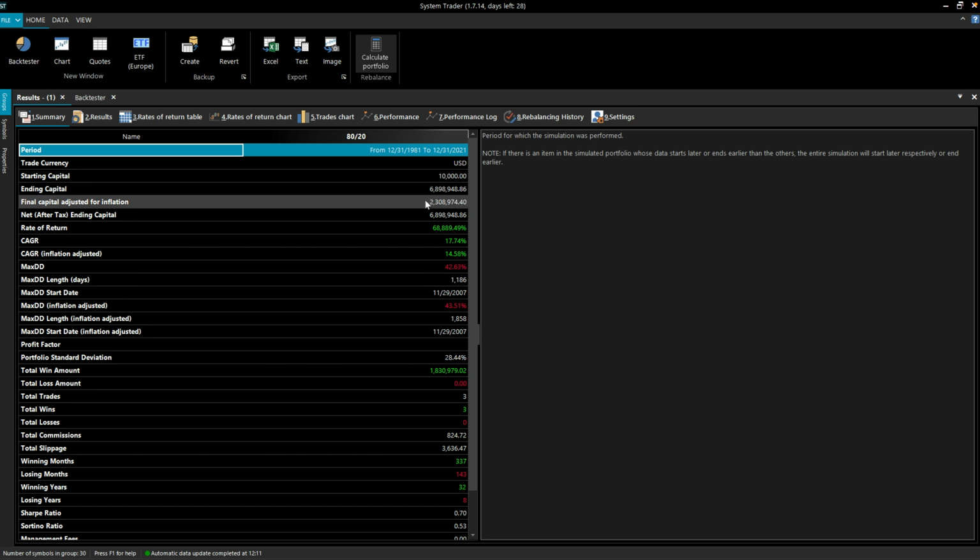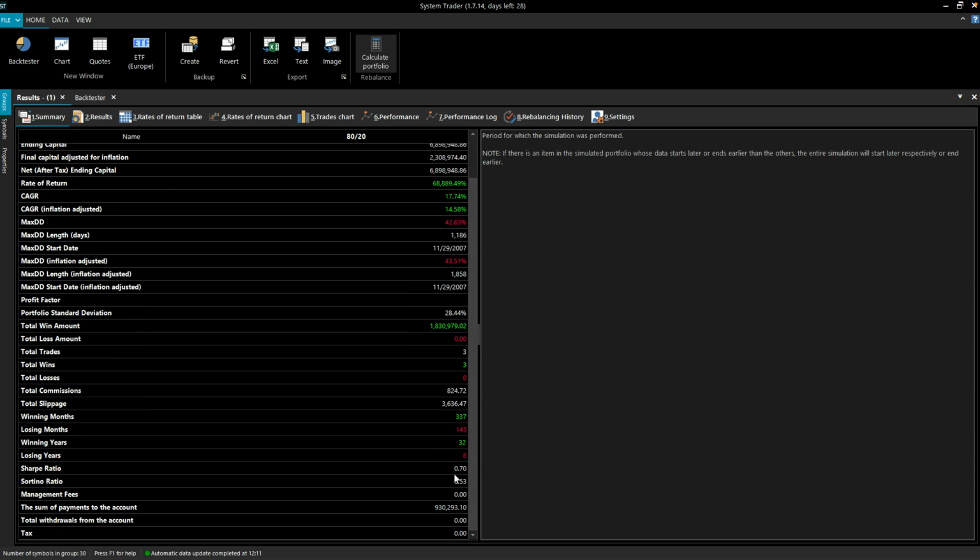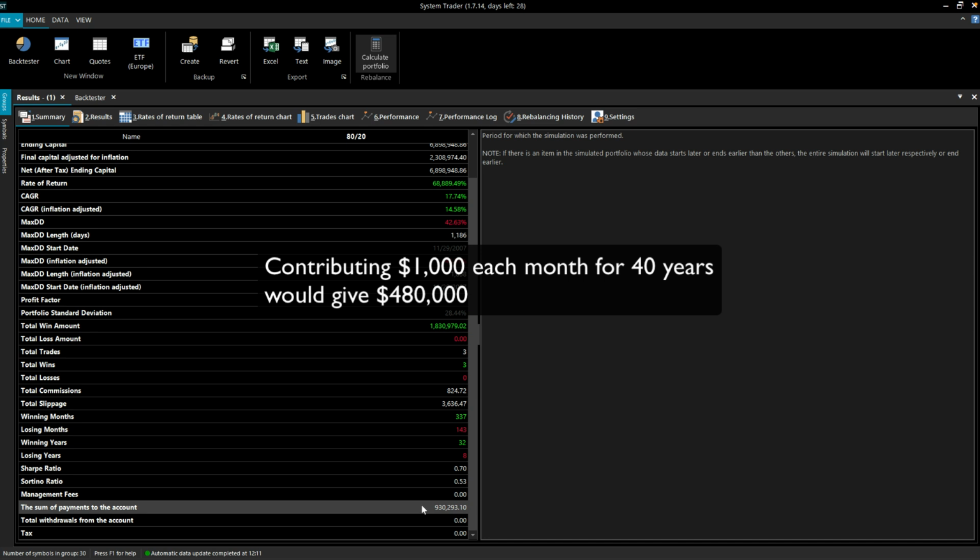Therefore, what we have after 40 years in terms of purchasing power is $2.3 million. Also, what you can see here is that the sum of payments to the account, the contributions, is almost $1 million. And it can be pretty strange because we were contributing only $1,000. Although we were doing it for 40 years, that wouldn't probably give us $1 million.